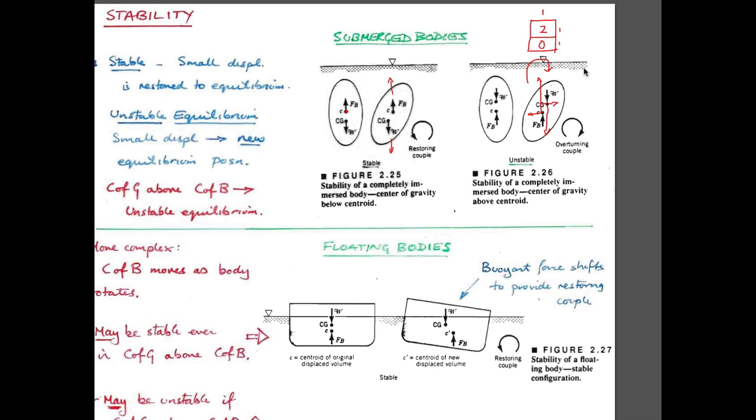And if you look at the center of buoyancy, and if you look at the center of gravity for each of these two situations, it's not very difficult to figure out exactly where those locations should be, right? Center of gravity, you can take moments about any point on this, and if this is 0 and this is 2, the center of gravity is going to be in the centroid of this second part.